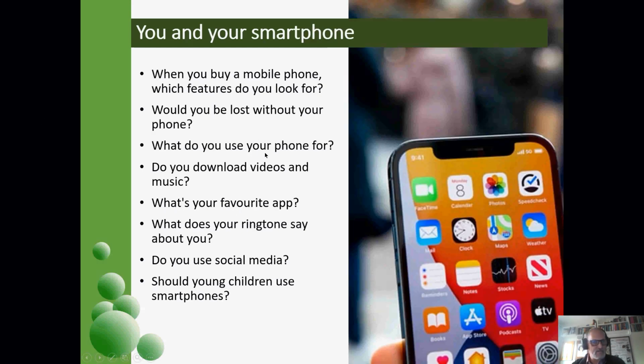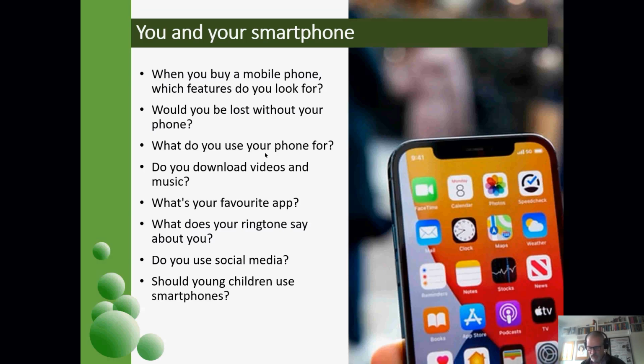Okay, so what about the smartphone? This leads us into the idea that you have a computer in your pocket which is able to do some really quite extraordinary things.